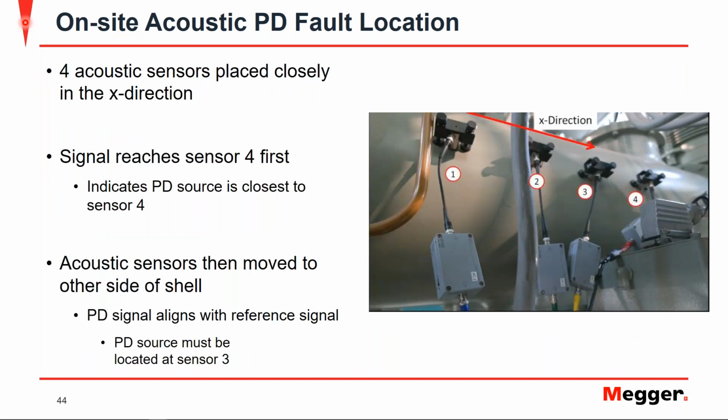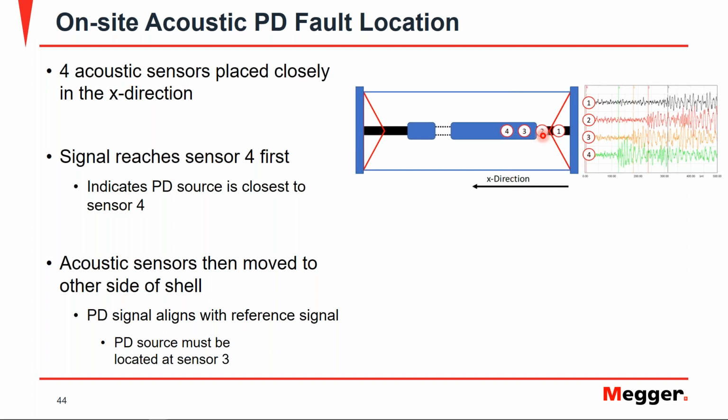So now what happens is we placed 4 acoustic sensors closely together in the X direction on the GIS enclosure itself and took the measurement. So here we can see the diagram where we have sensor 1, 2, 3, and 4 placed in the X direction on the enclosure of the GIS.